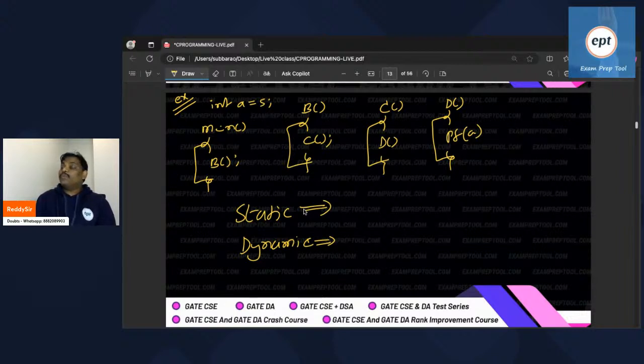Static scoping means whenever the compiler gets to know at compilation time that there is a scope problem, the compiler only will resolve it. That is called static scoping.